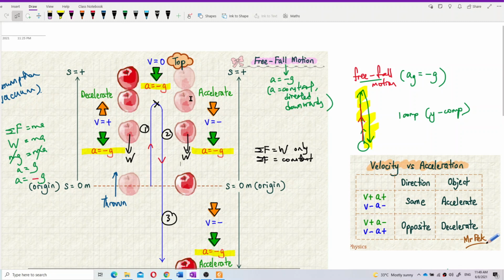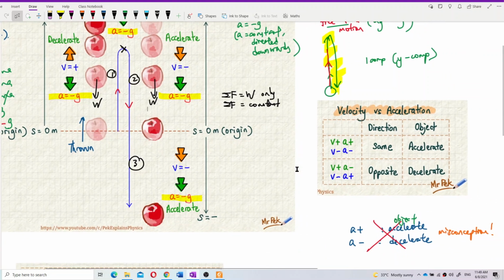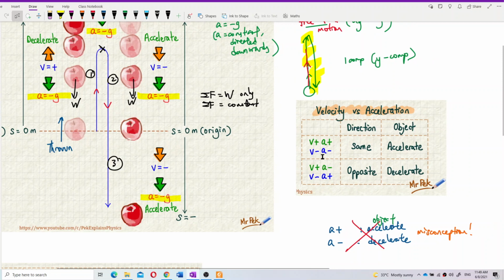That's why the object accelerates downward. You cannot say, oh, a negative means it decelerates. No. This a is negative, but the velocity is also negative. Same direction. So if the acceleration is in the same direction as the velocity, the object accelerates downward. Okay, that's the second. So when v is negative, a is also negative, same direction, the object accelerates.